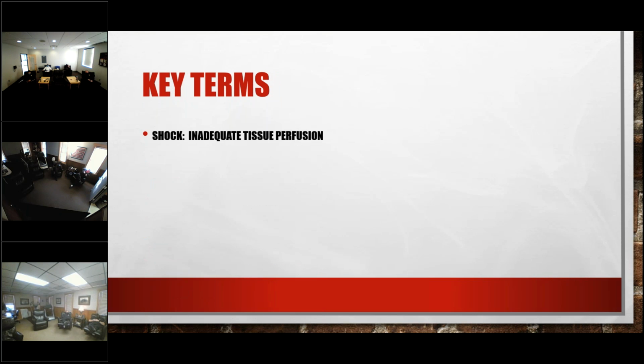So when we're looking at shock and/or hypoperfusion, we're looking at inadequate tissue perfusion. How we perfuse properly is we bring oxygen into the system. It is transferred via hemoglobin to all the different tissues of the body. With that presence of oxygen, what we need to do is create energy. So we create energy through metabolism by bringing oxygen in.